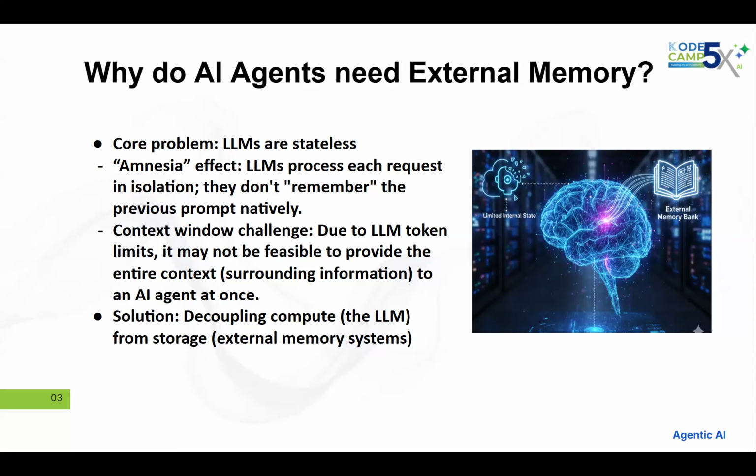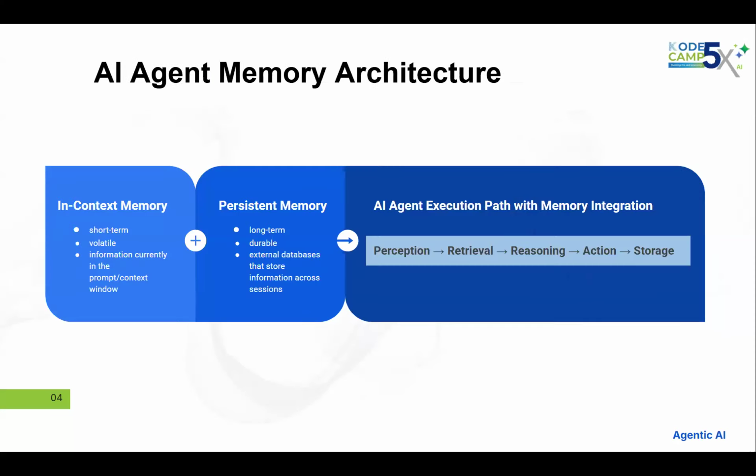All right, so we move ahead. Now, what is the typical architecture for AI agent memory? AI agent memory has two broad categories of memory: the in-context memory and the persistent memory. The in-context memory is short-term and volatile.